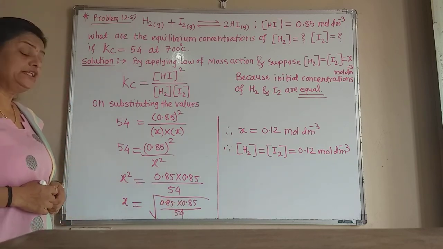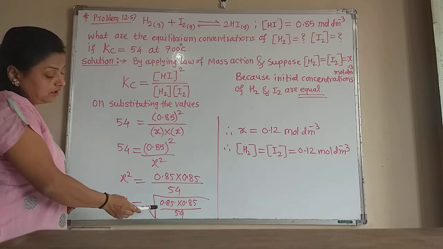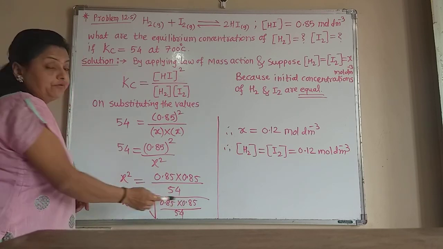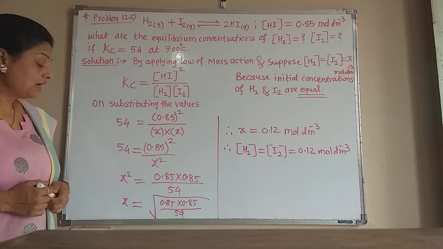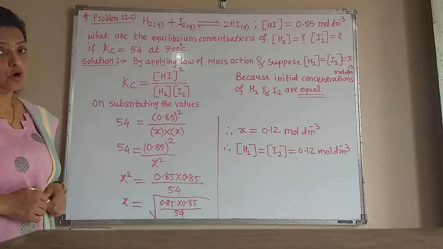You can solve this problem by using the logarithm table. Now see, take the log of 0.85 and 0.85, add the logs of 0.85, and subtract the log of 54 from it.